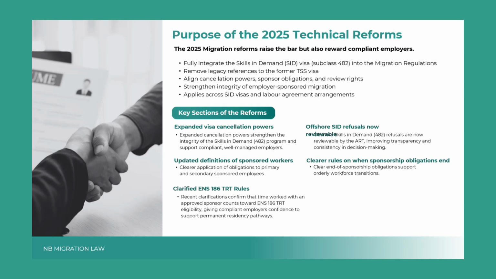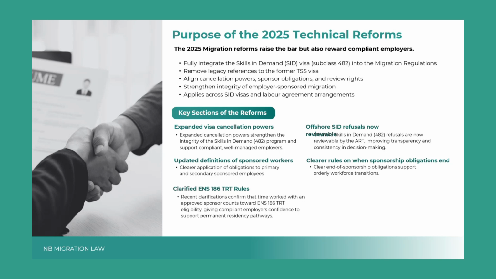Okay. Offshore, that is a huge change in the migration regulation, that if someone is offshore and you're sponsoring them and the department decides to refuse the nomination, not the sponsorship, but the nomination and the visa, then you as a sponsor can seek a review of that decision.